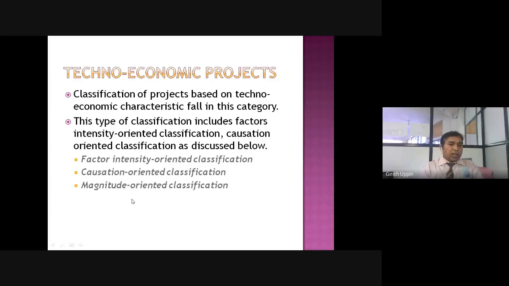Based on the scale we classify, and that classification is called magnitude oriented classification. These things, the factor intensity oriented, causation oriented and magnitude oriented classification, we will see in more detail in the next class.